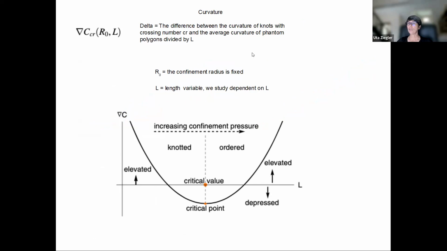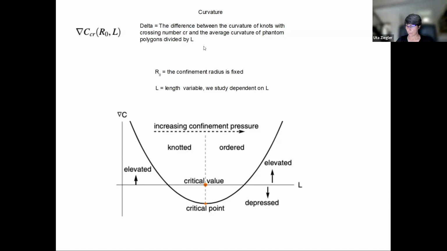The way we determined to do this is we looked at the curvature of the knots with the crossing number we're looking at, and subtracted from them the curvature of the phantom polygons. The phantom polygons are all polygons with the same R, radius of confinement, and the same length. We subtracted the two from each other, and then divided that by L, so we have per segment information, which makes it easy to compare across different lengths.